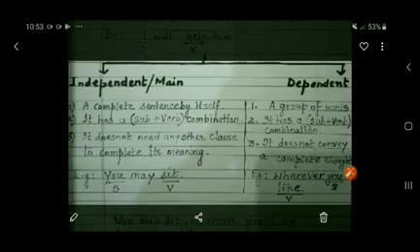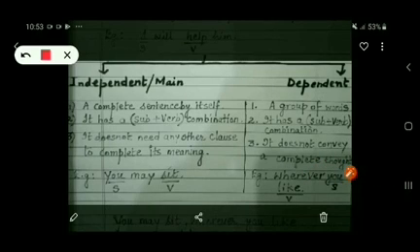Now children, we will discuss the two different types of clauses. Number one, the independent clause or main clause, and number two, the dependent clause. So first let us talk about the independent clause. What is an independent clause?